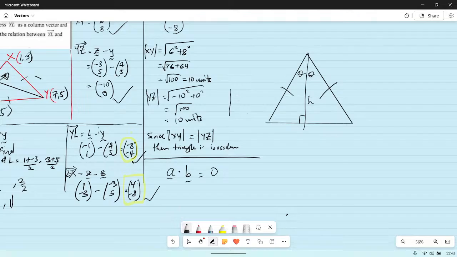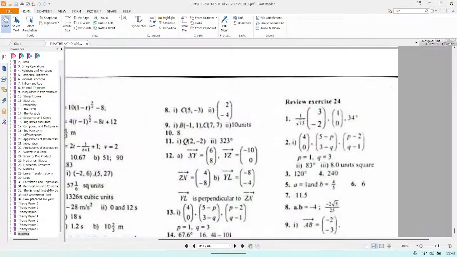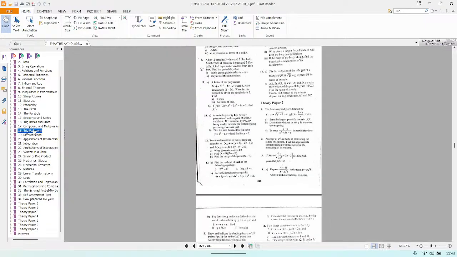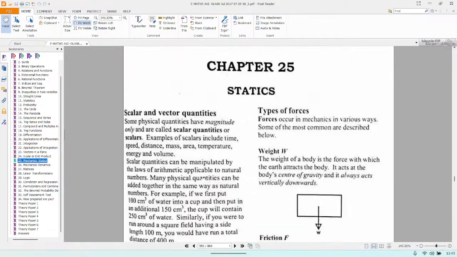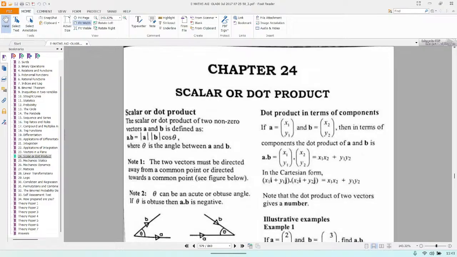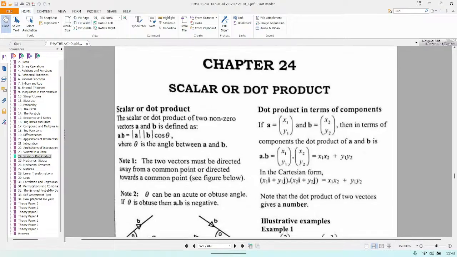Okay, this one will lead us to our next topic. Now, this one leads us to our chapter for today: scalar or dot product.